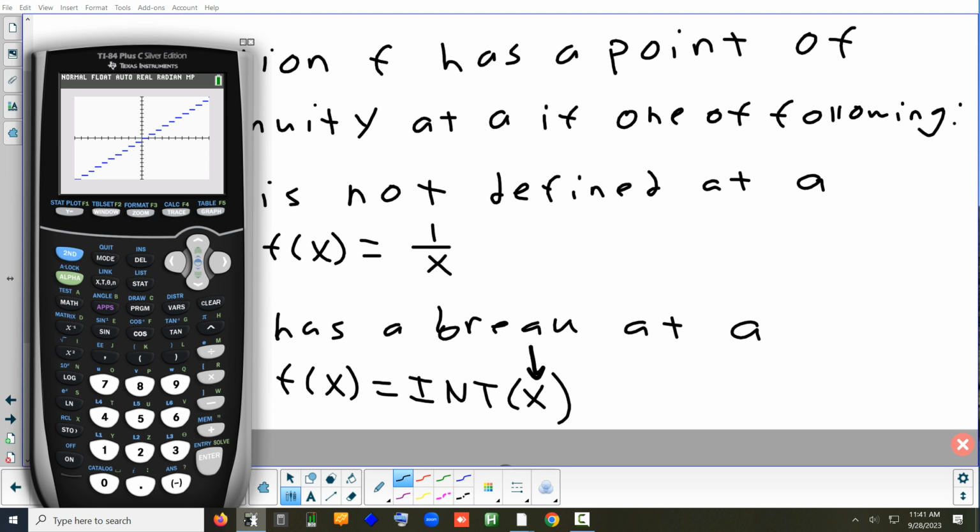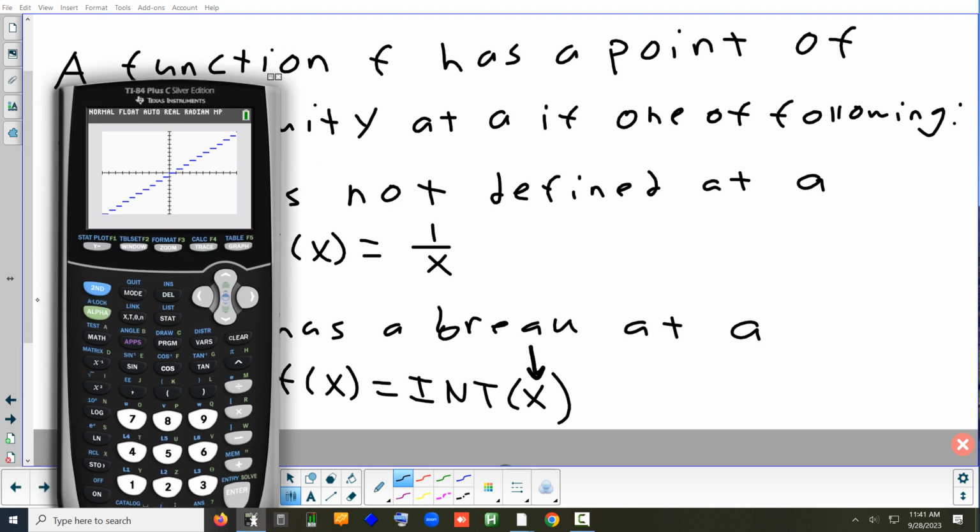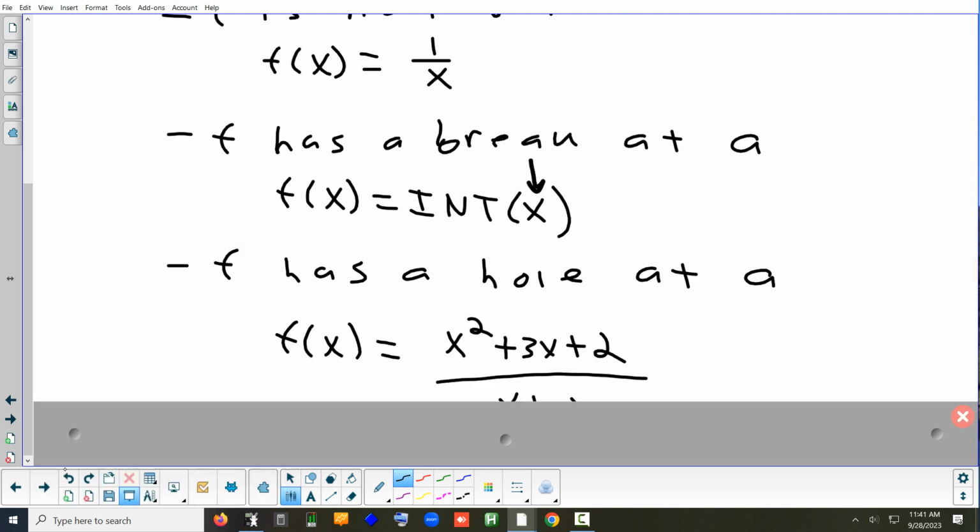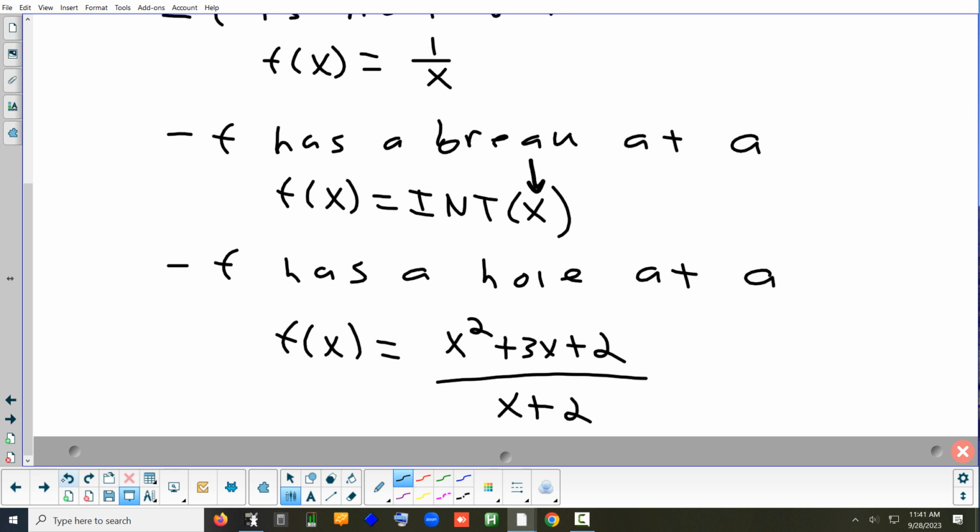So breaks or jumps in a graph can also cause discontinuities. And the third thing that can cause discontinuity is a hole in the graph. The hole is the hardest one to see because if you graph it, you won't see it. The only way to know that a graph has a hole in it is to do algebra.